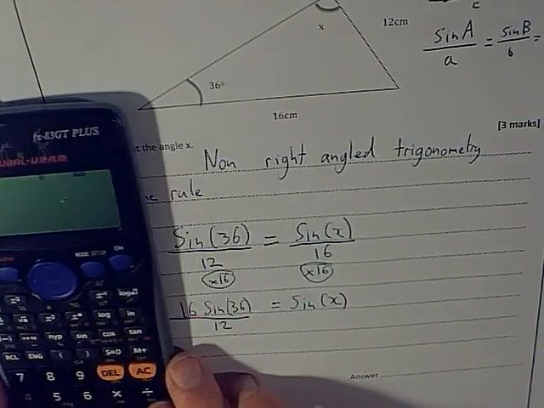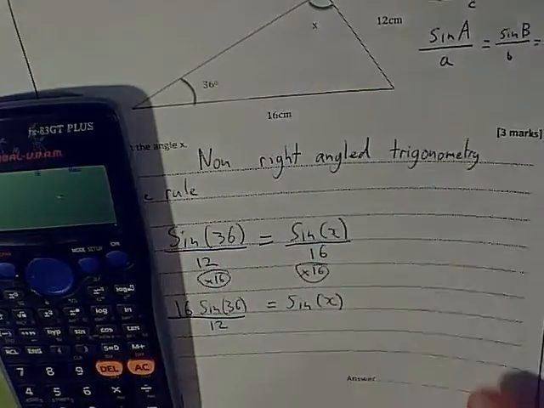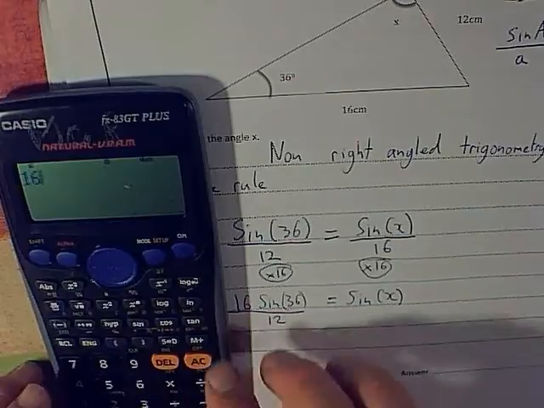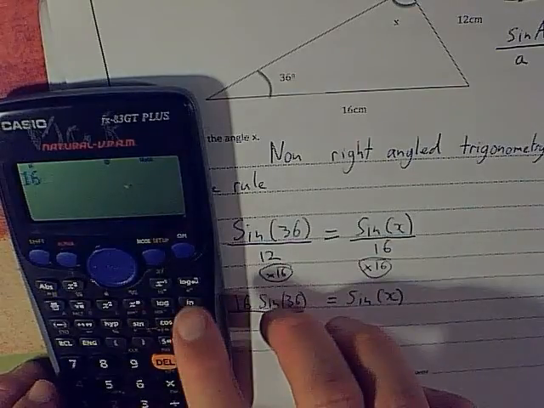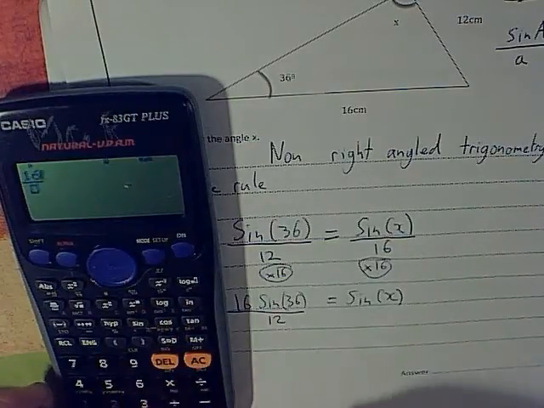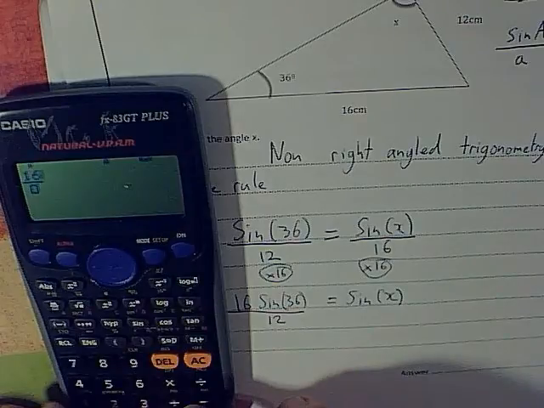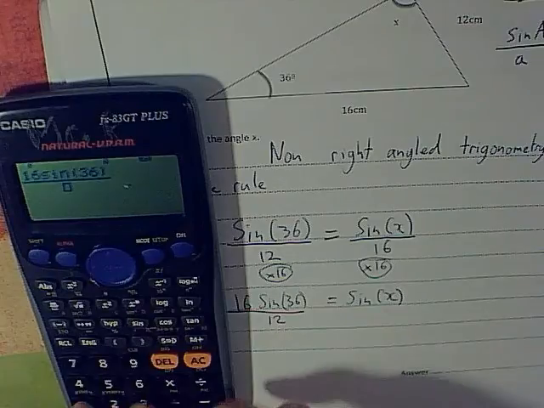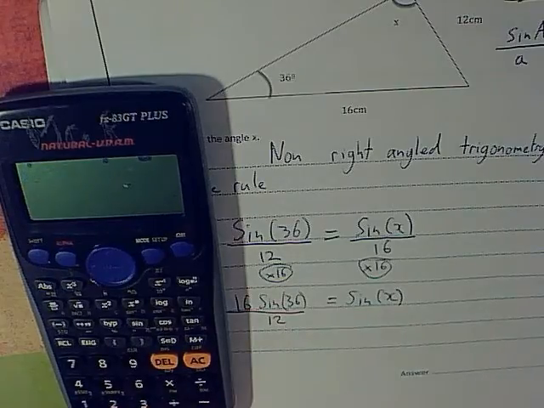So I want to put this bit into my calculator, 16 sine 36. I'll set this up with the fraction, so 16 sine 36 over 12. I'll find out what that equals.